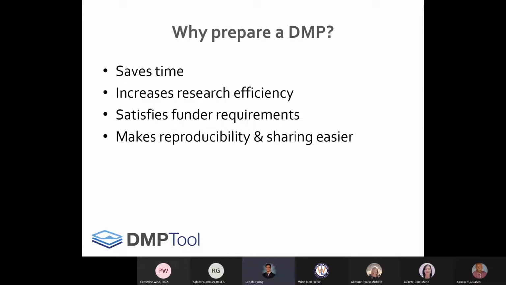By sharing the research data and making it open access, researchers can allow peers and collaborators to do secondary analysis on the same research data in order to produce further discoveries. So that's why a DMP can ignite innovation by making research data more reproducible and shareable.